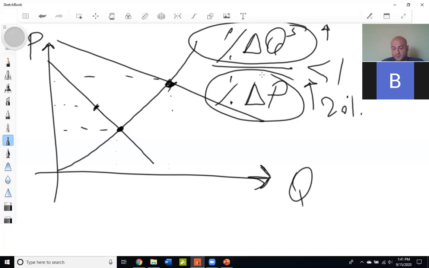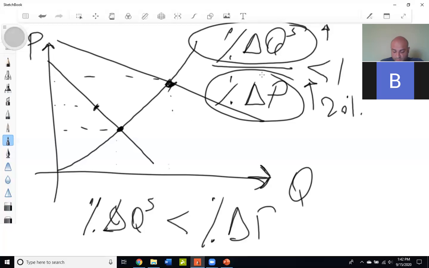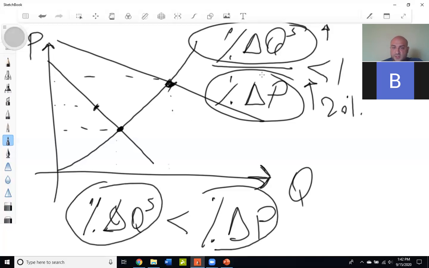You could always write this expression like this: percentage change in quantity supplied is less than percentage change in prices. If this increases by 20%, this will be increasing by how much? More than 20% or less than 20%?